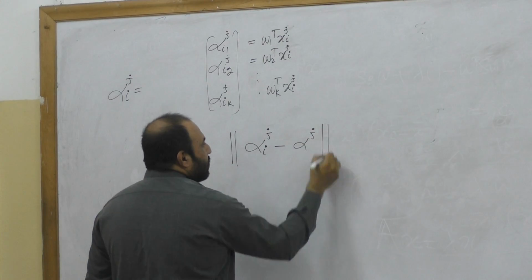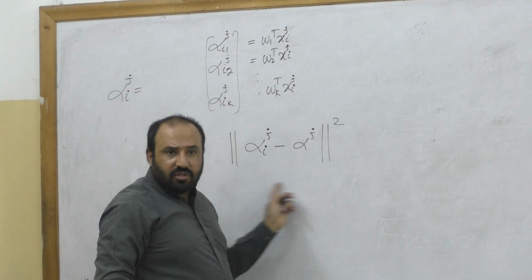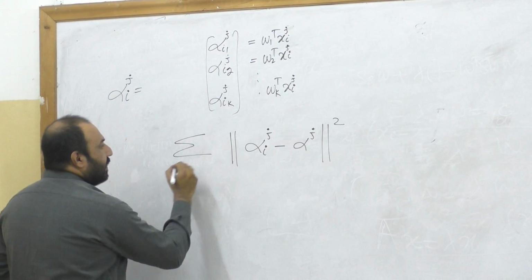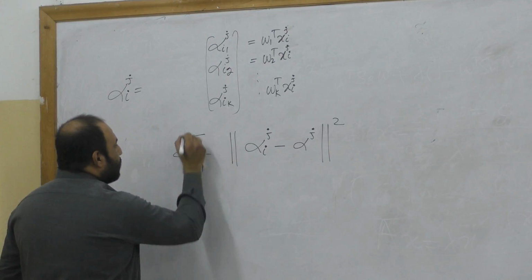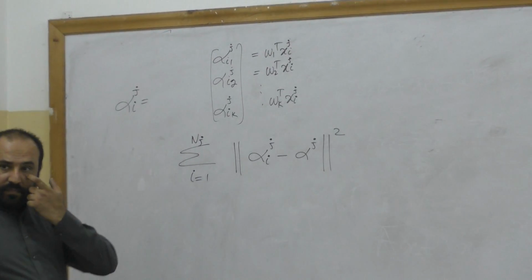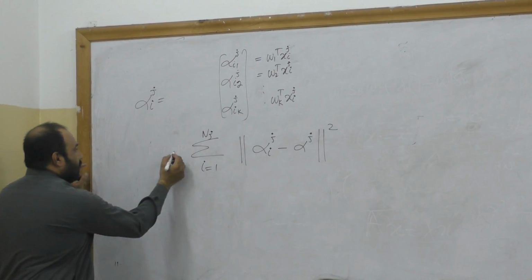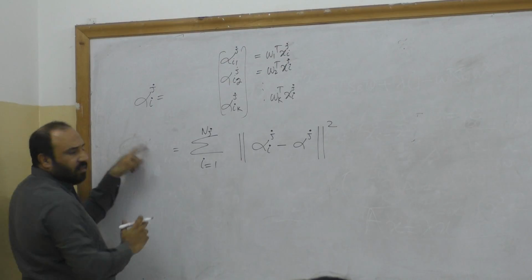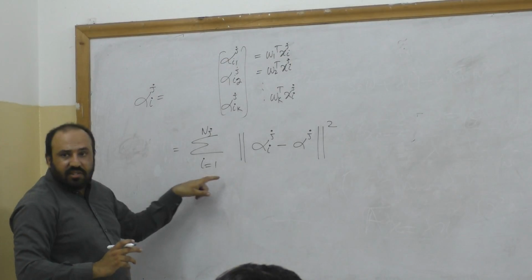Now it is no longer a square. It's a vector, it's a norm. And this is for all the points 1 to nj of class j. This is the variance of class j.